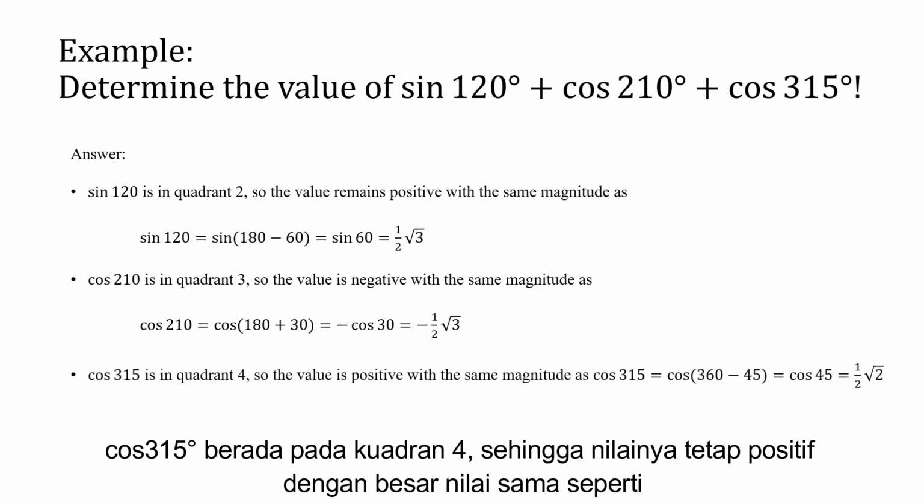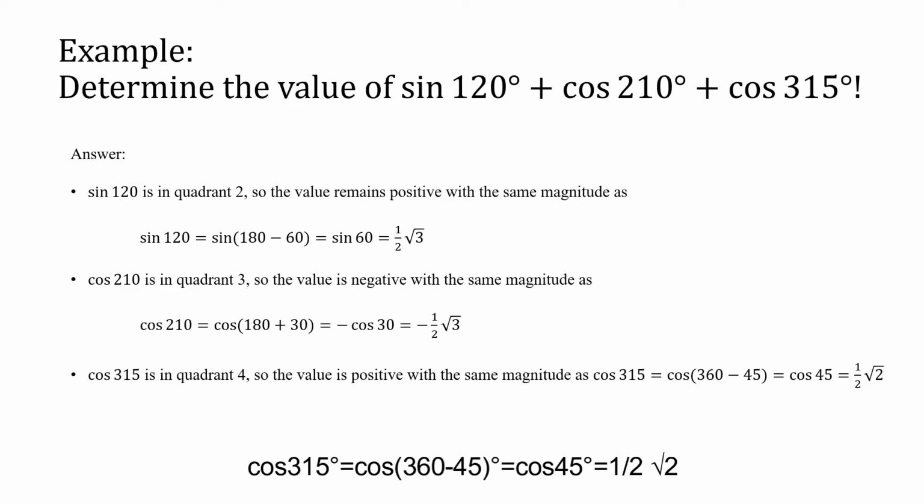After that, cosine 315 is in quadrant 4. So the value is positive with the same magnitude as cosine 315, same as cosine 360 minus 45, which is the same as cosine 45.